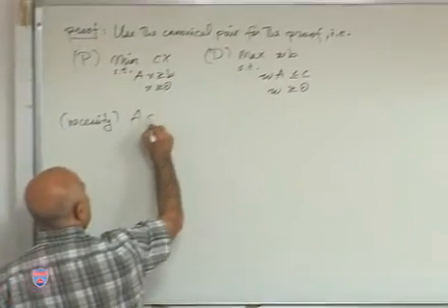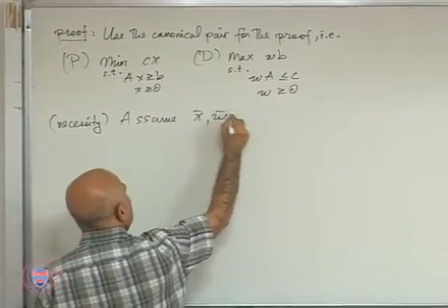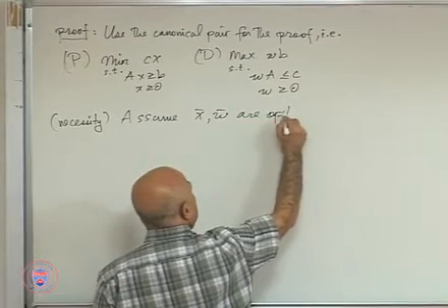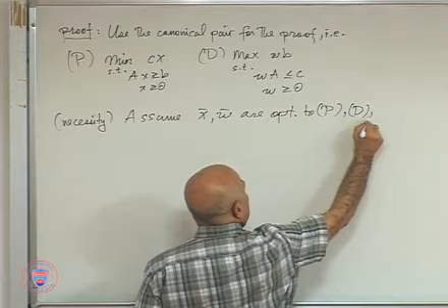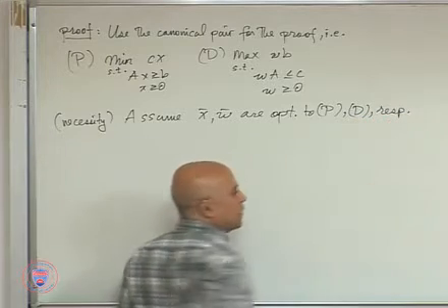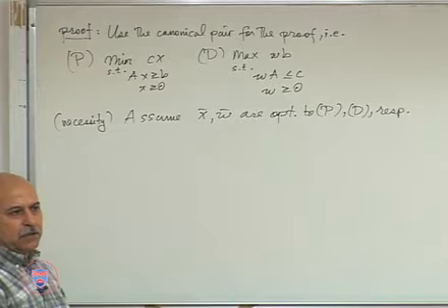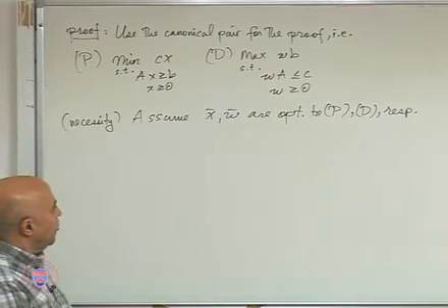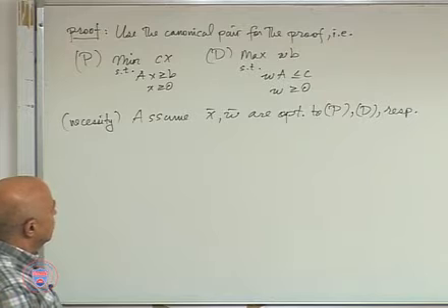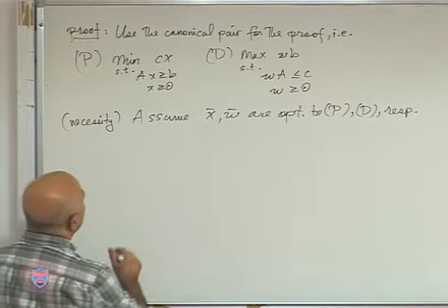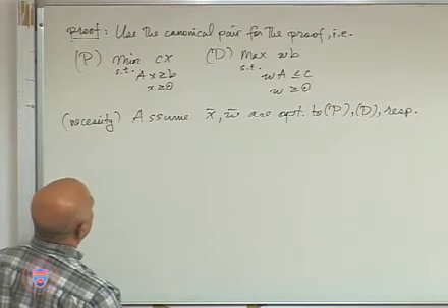So assume x bar and w bar are optimal to P and D respectively. That's the assumption. We need to show that the complementary slackness conditions are satisfied. Okay, let's see how we can work this out.